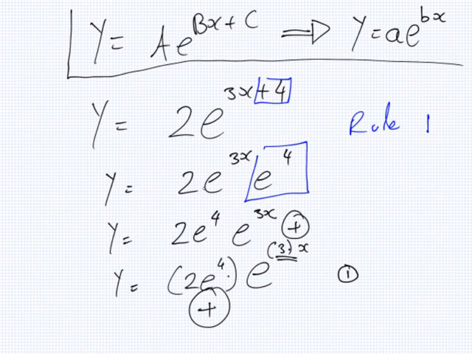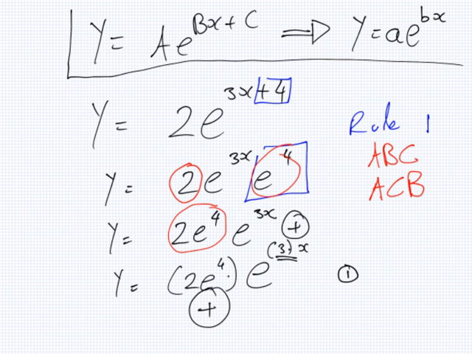Then I multiplied this by this first, because if you have A times B times C, that's the same as A times C times B. It doesn't matter. Then I grouped them together, and I call this piece the a, and that piece the b. It's the same form.